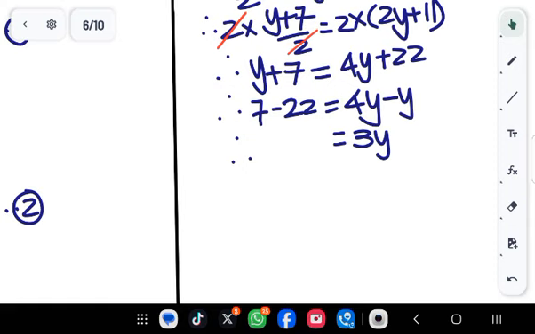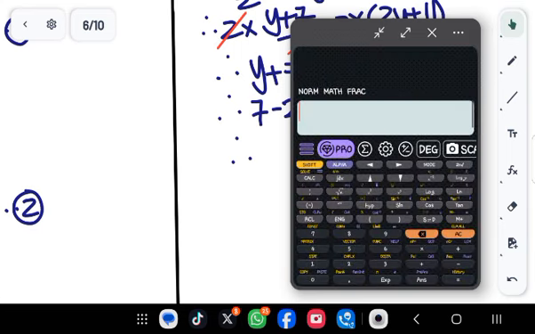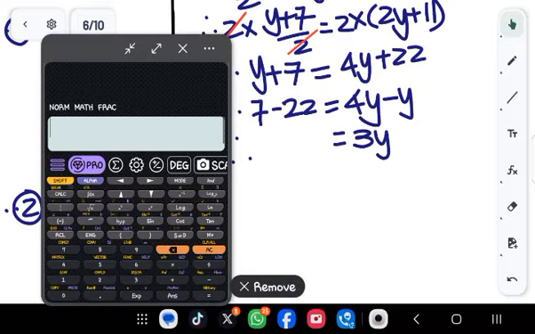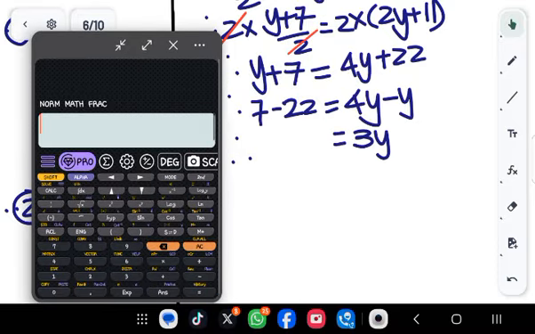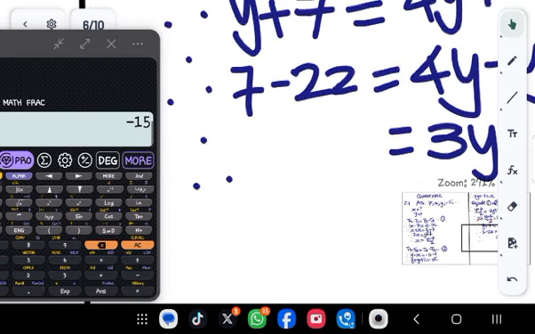The goal is to make as few silly mistakes as possible, so we can avoid losing marks because we made an error that messed up our answers. 7 minus 22 gives us negative 15.